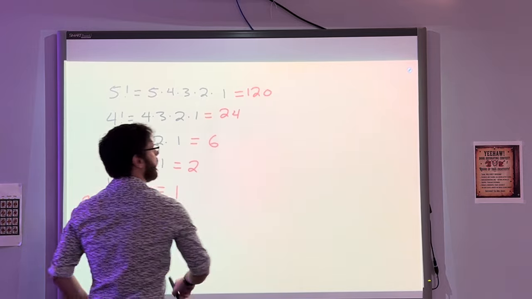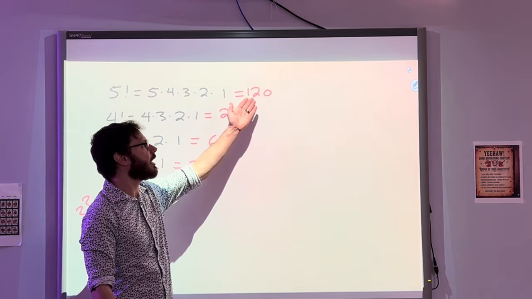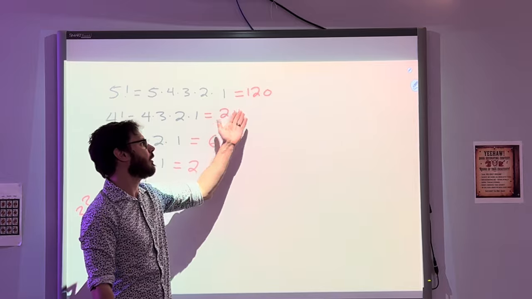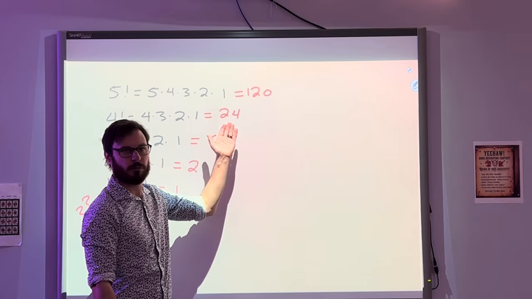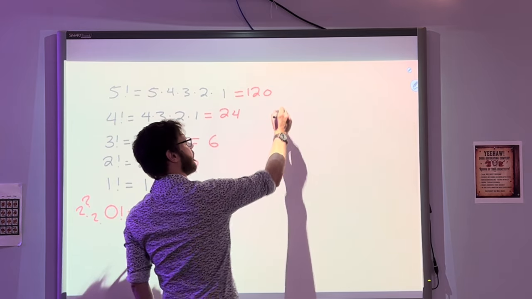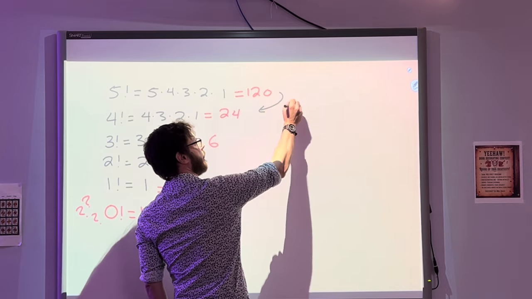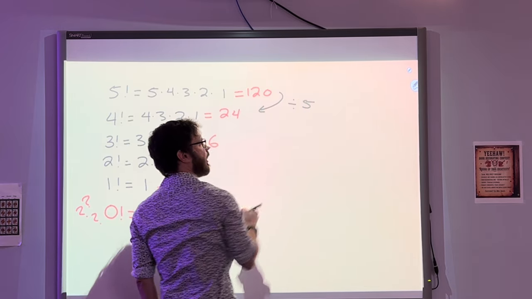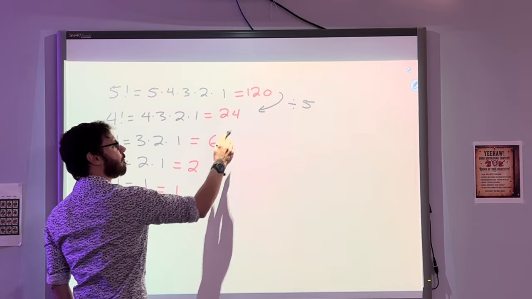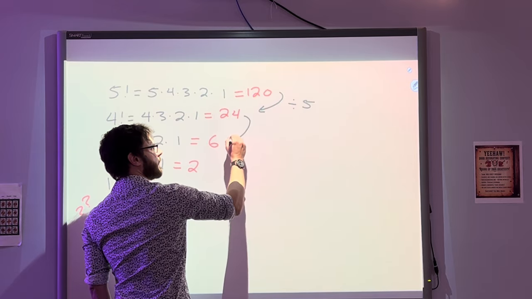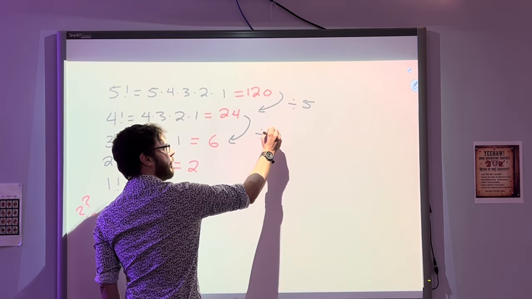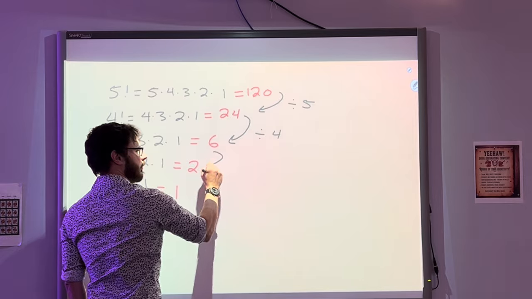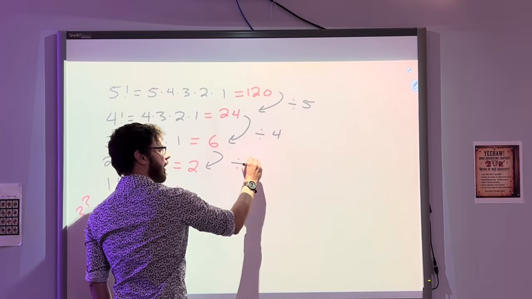Well, what are we doing? How did I get from 120 to 24? Looks like we divided by something. We divided by 5. How did I go from 24 to 6? We divided by 4. 6 to 2, we divided by 3.